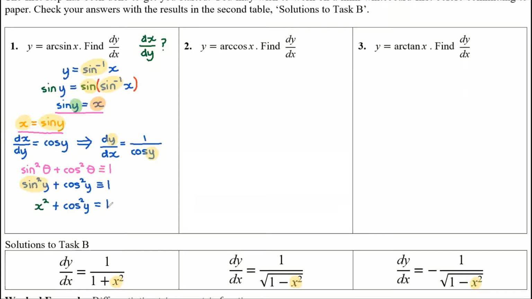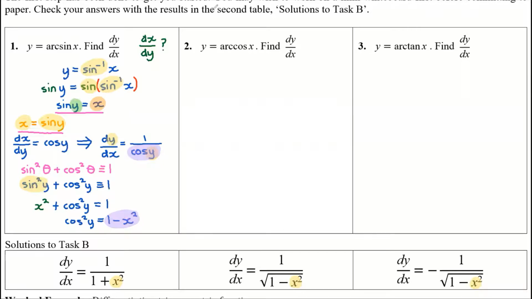Now then, if I rearrange, we now know that cos squared y is equal to 1 subtract x squared. And all I have to do now is take the square root of both sides. And I now know that my cos y here, and when I say here, you can't see where I'm pointing, my cos y here, I can now replace with the square root of all this.